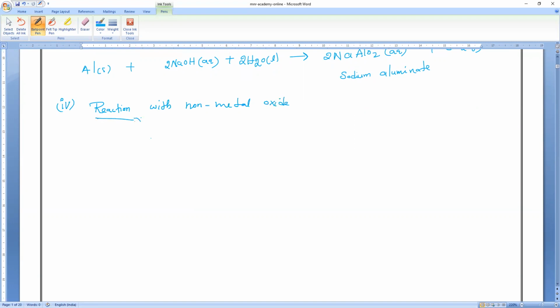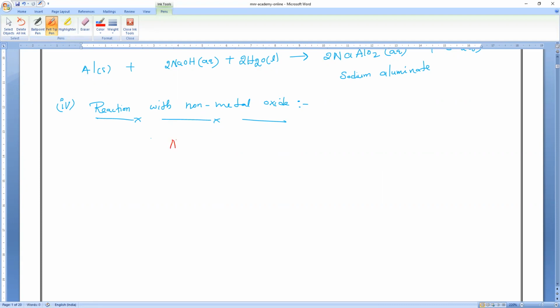Remember, when non-metallic oxide reacts with the base, again they will produce a salt and water. That is the main thing you have to remember. All of you write it.